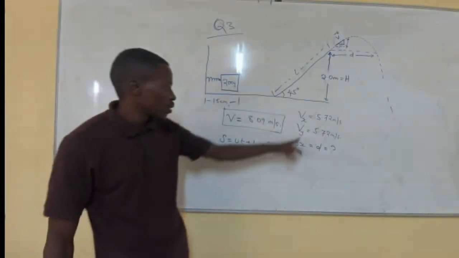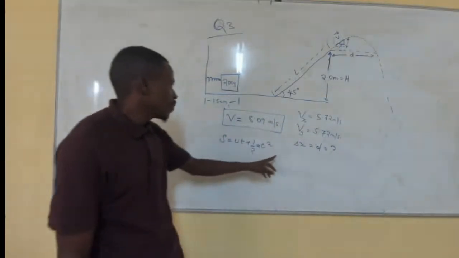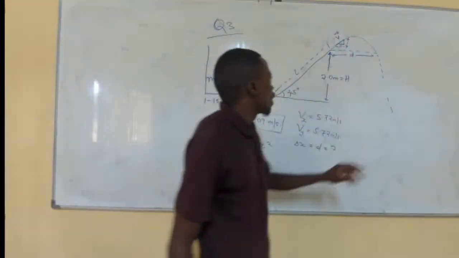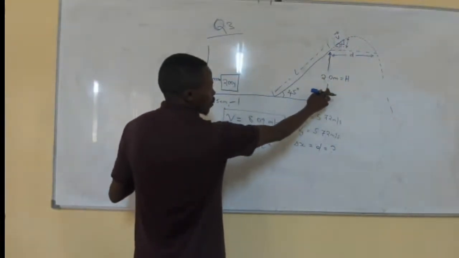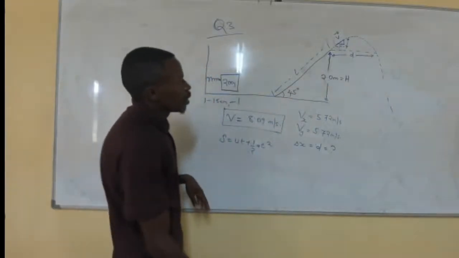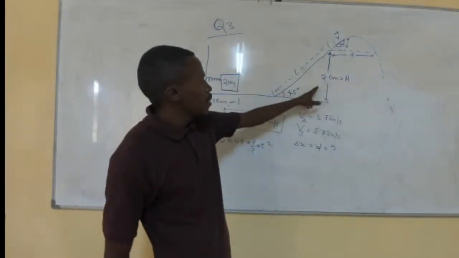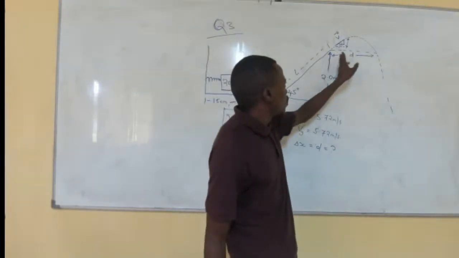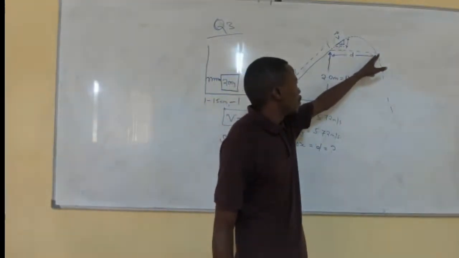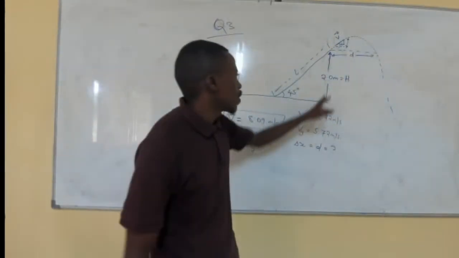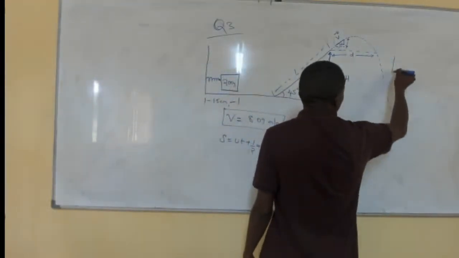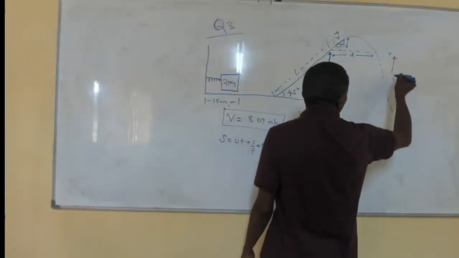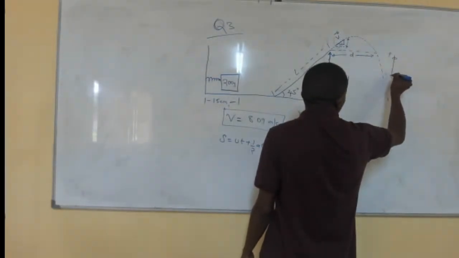So this thing is moving in the vertical direction. In the vertical direction, I've been given the height, because we need to calculate d before the projectile hits the ground. Therefore the height is just the negative value. If we take upwards as positive, then downwards is negative.